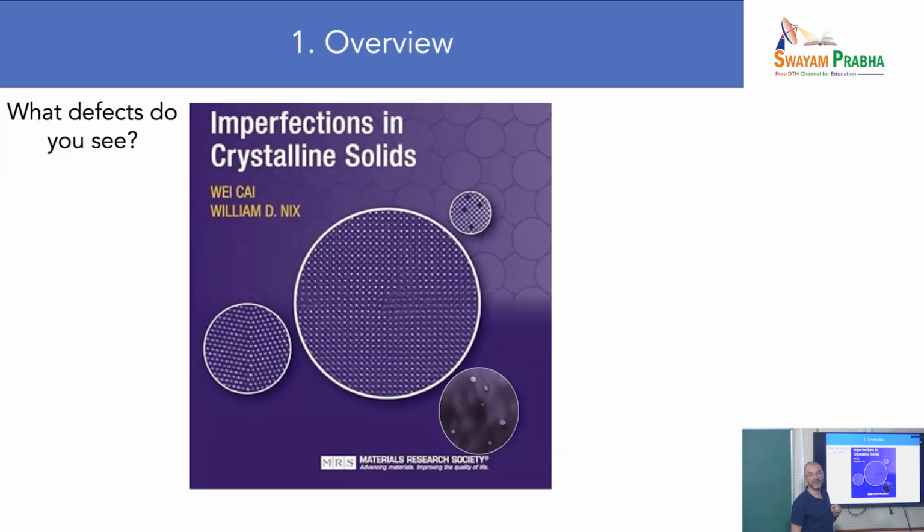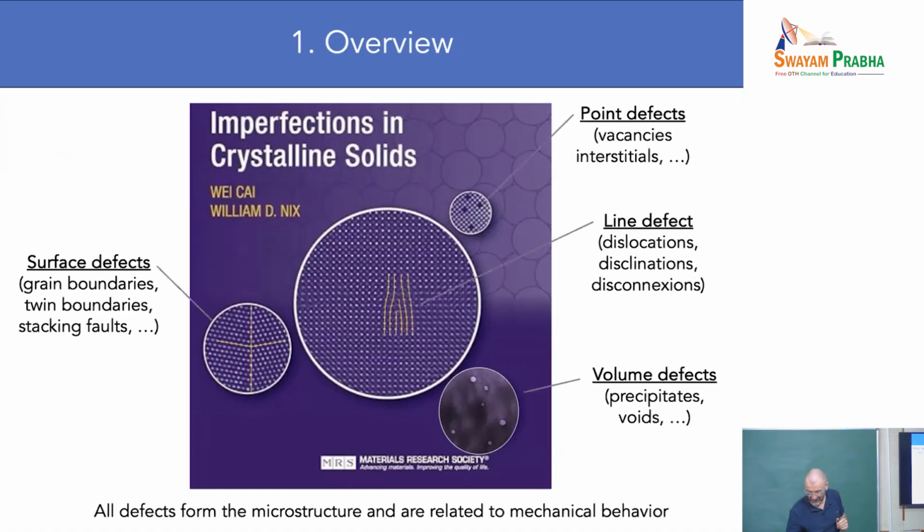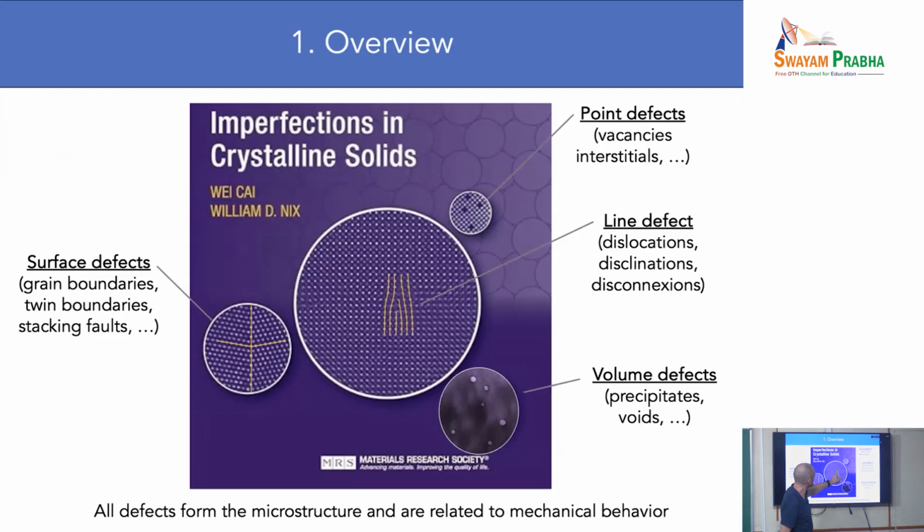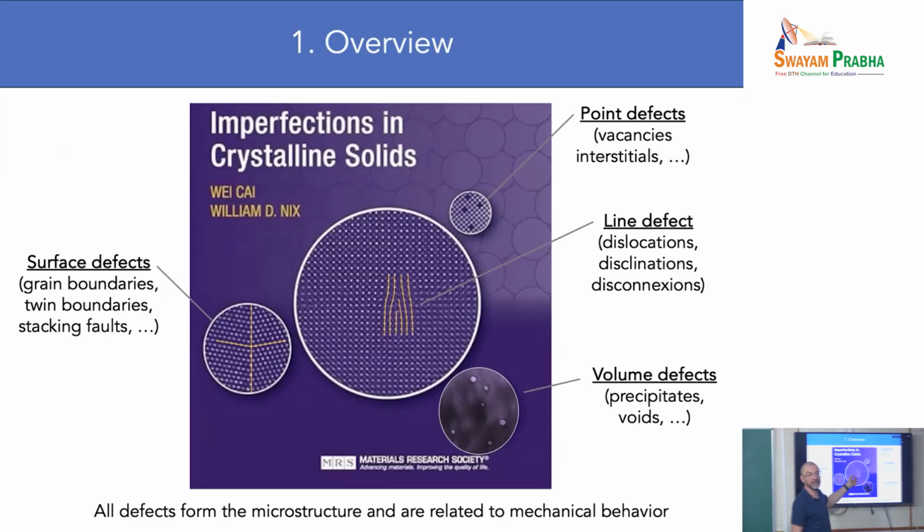So what is this? What might help you is if I draw the planes around it. If I draw planes of atoms, I have here 2 extra planes that end in the crystal. That's a dislocation. That dislocation would continue perpendicular to the plane, so that's a linear defect, right?